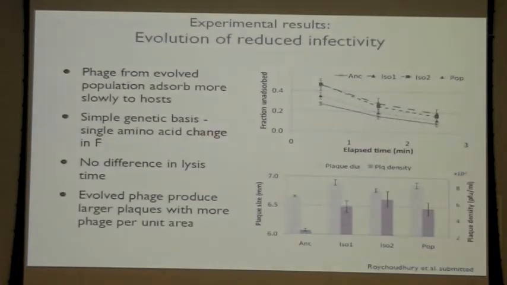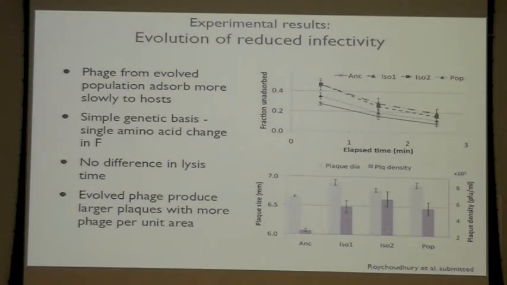So what I'm going to tell you about is a set of simulations that were used to explain some experimental results that we found. So as I mentioned, we had this evolved population from our series of evolution experiments. And so the first thing I did when I got to the lab, besides ensuring that I don't damage anything and blow anything up, was to understand some basic phenotypic assays.